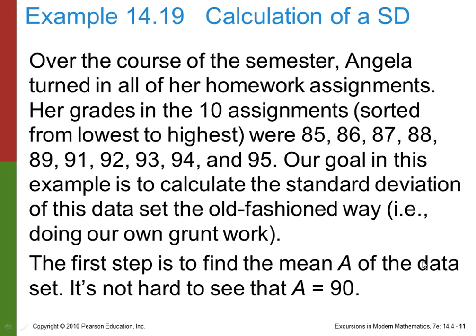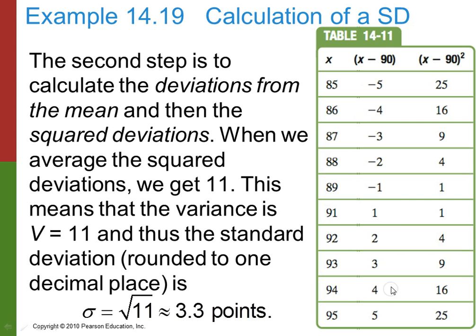All right. Over the course of the semester, Angela turns in all her homework. I find that hard to believe. Her grades on the 10 assignments are given. Why aren't they all hundreds? Our goal is to calculate the standard deviation the old-fashioned way. So we find the average, which is 90. Then the deviations are minus 5, minus 4, minus 3, and so on up to 5.